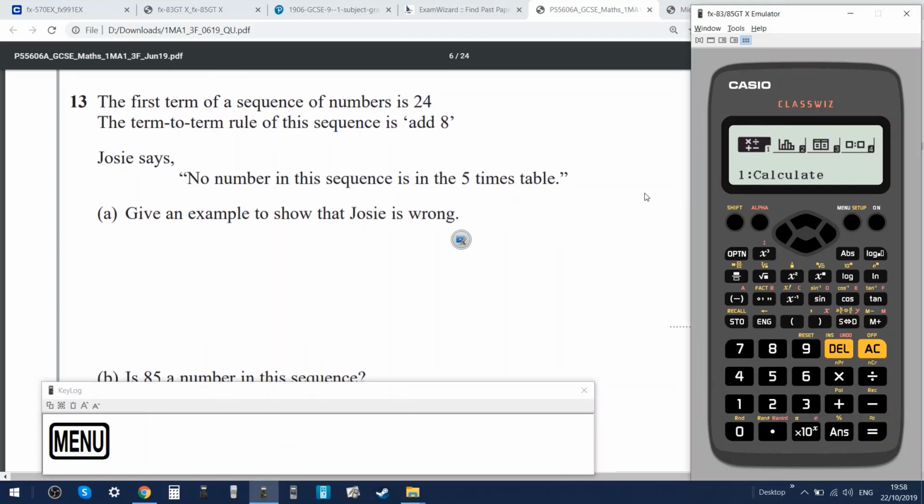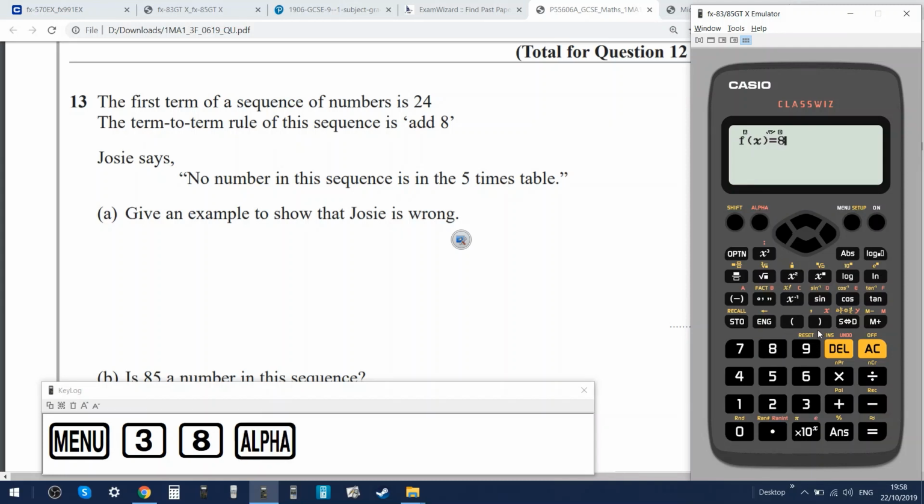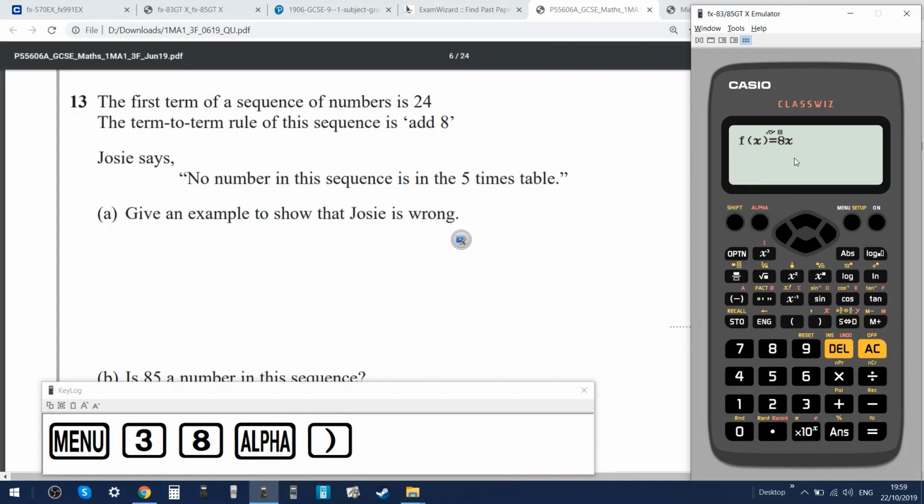This is times table, so table 3. What will make the term-to-term rule? So the first, well, it's add 8 every single time. So that is the 8 times table. You add 8 every single time. That is the 8 times table.